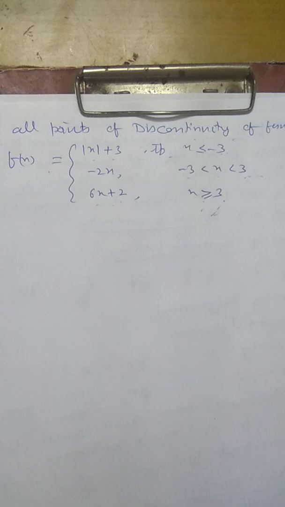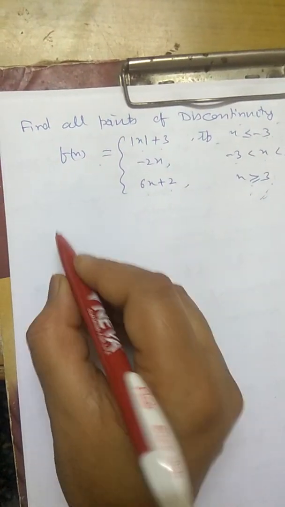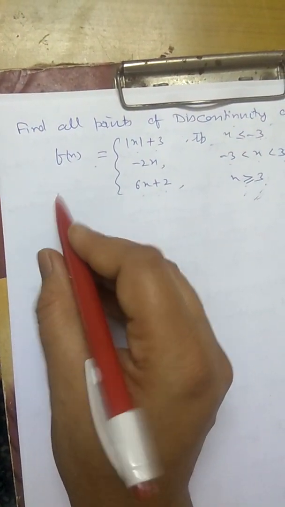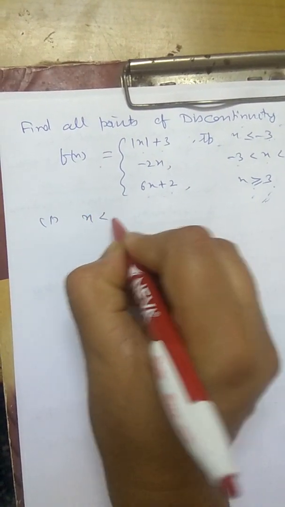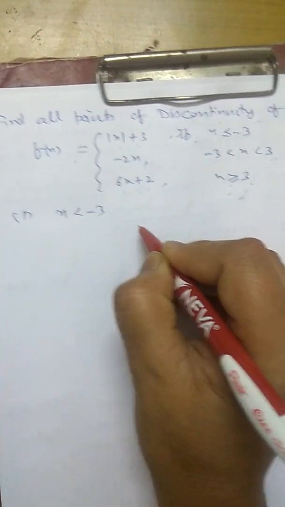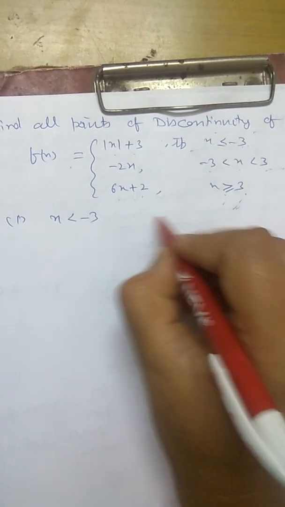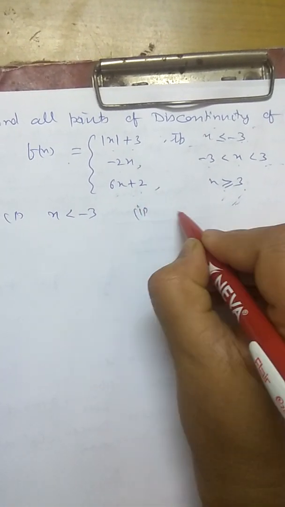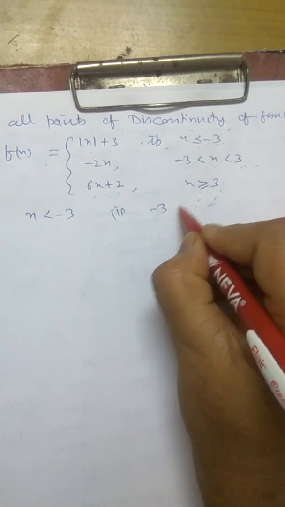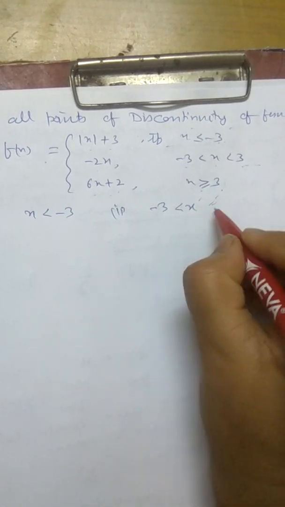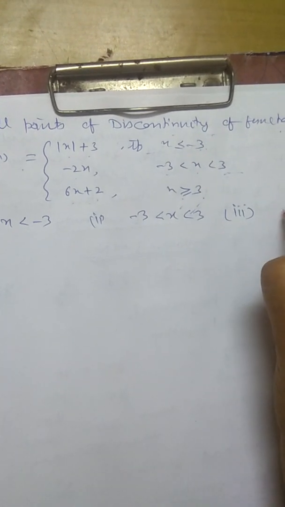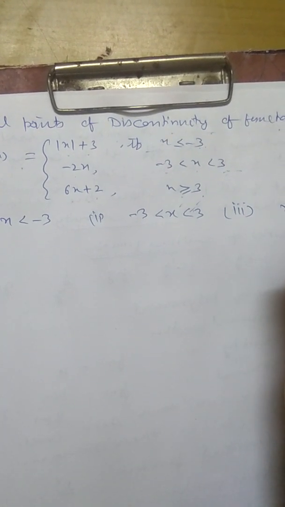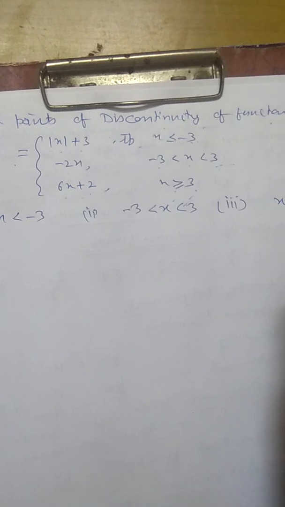That means we have five different cases. First one, when x is less than minus 3. Second case, in between minus 3 and 3. And third case, when x is greater than 3.